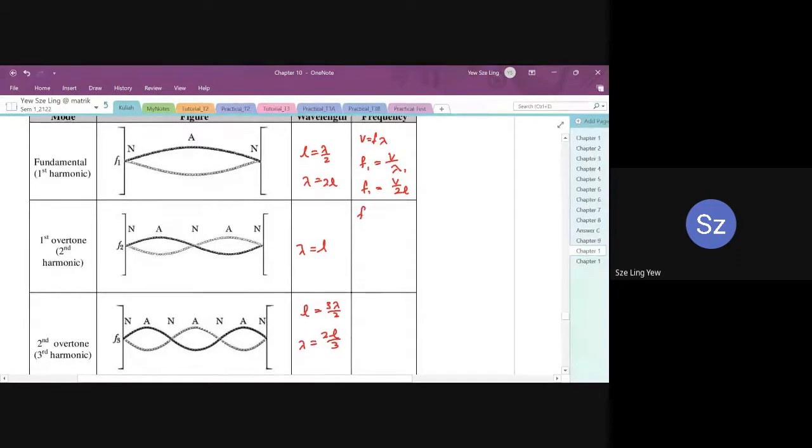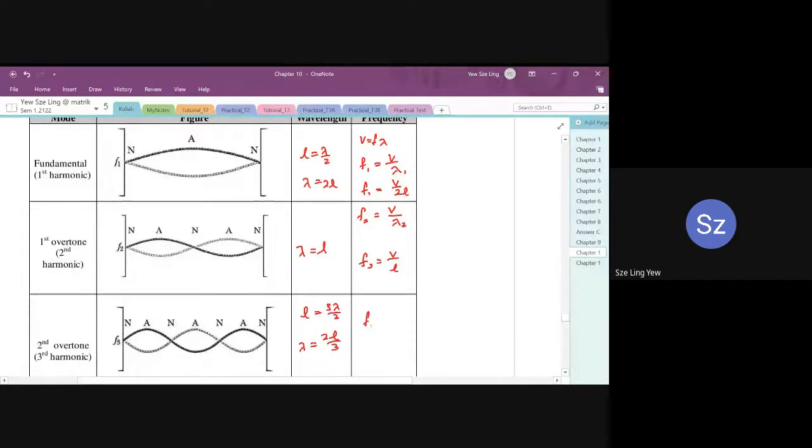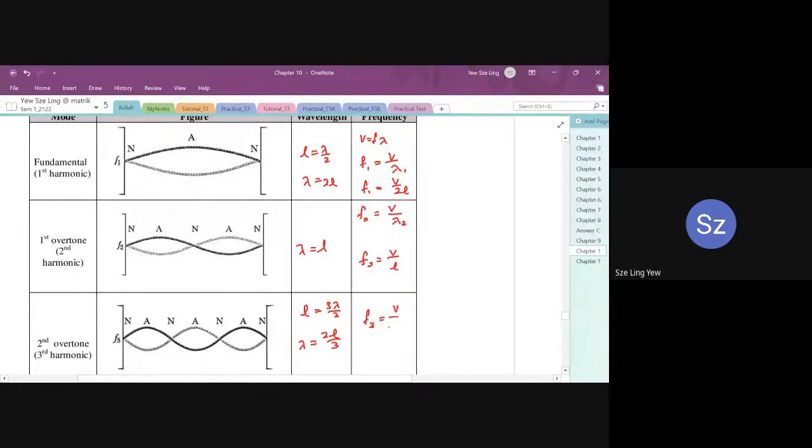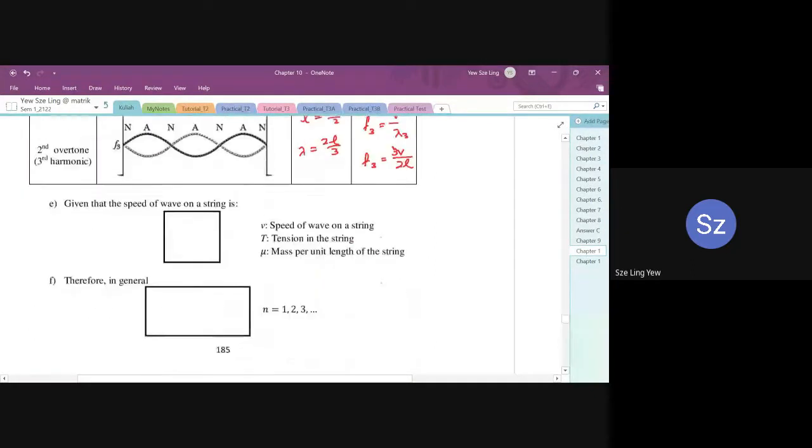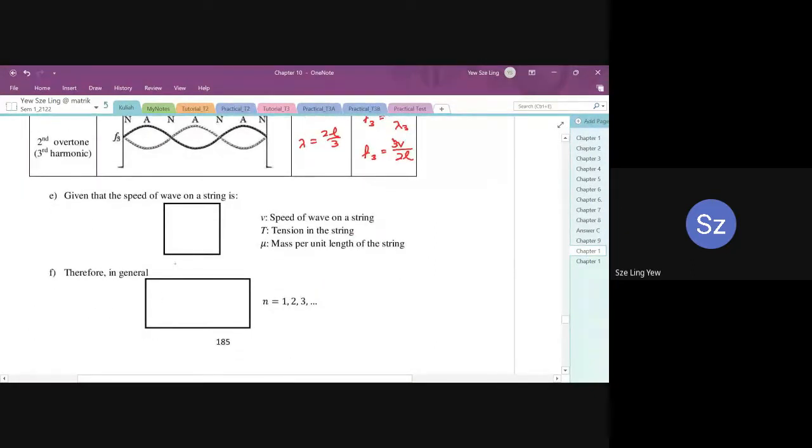For me, this one is less obvious, but you can see what happens. F2 equals V over L, and then F3 equals V over lambda 3, so F3 equals 3V over 2L. This is what is given in your lecture notes, and straight away they give you the equation.